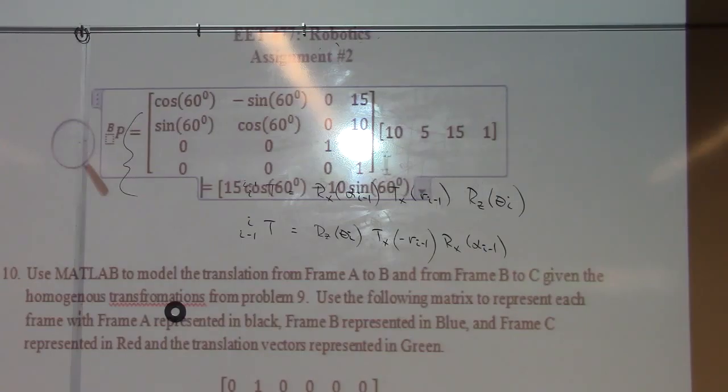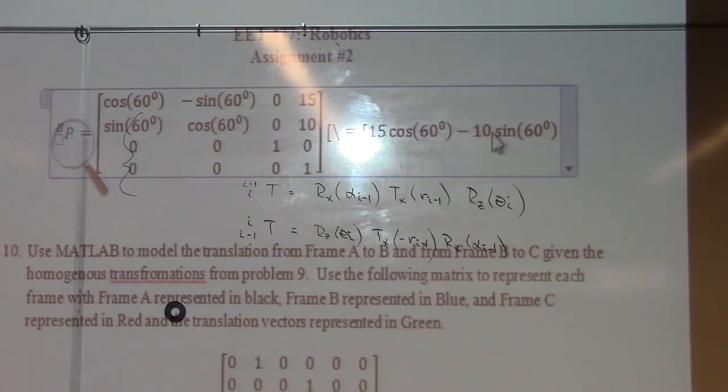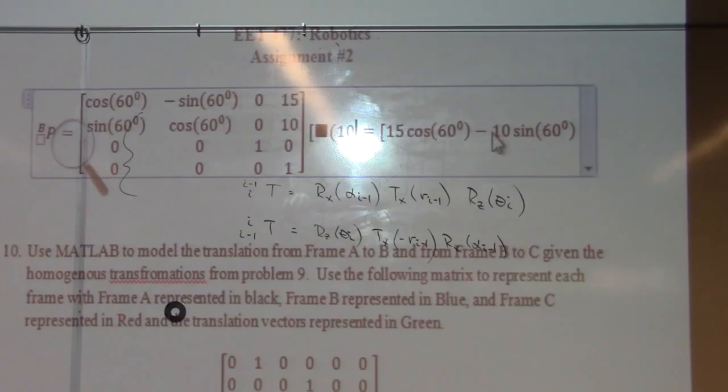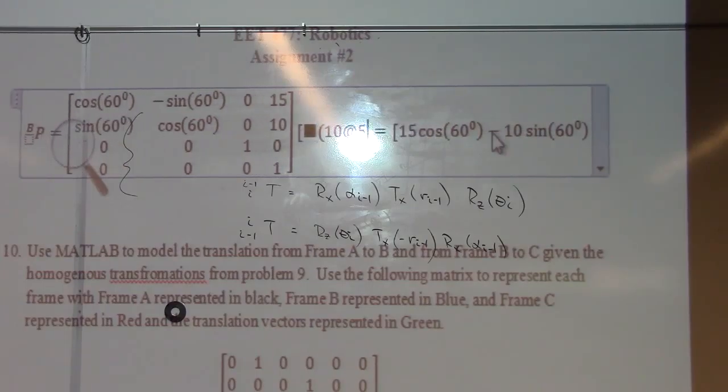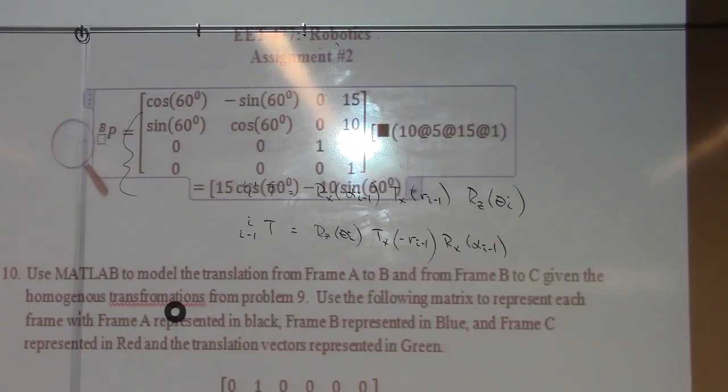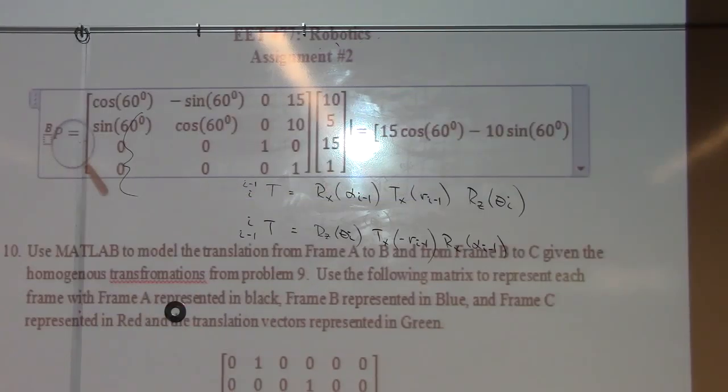Try this again. Okay, so we want to do 10, 5, 15, 1. There we go. So we end up with that.